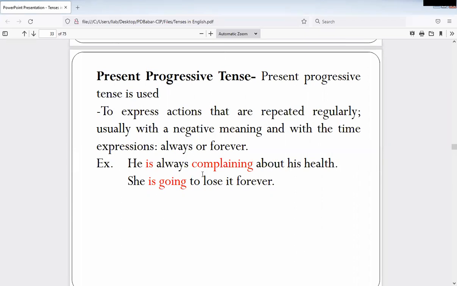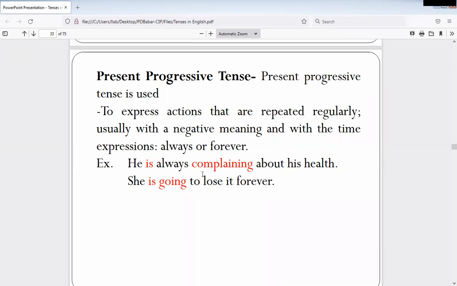So an example of this condition is: he is always complaining about his health. Here we have the negative meaning, and this sentence has the time expression always, or forever, and it is a regular action, repeated regularly.